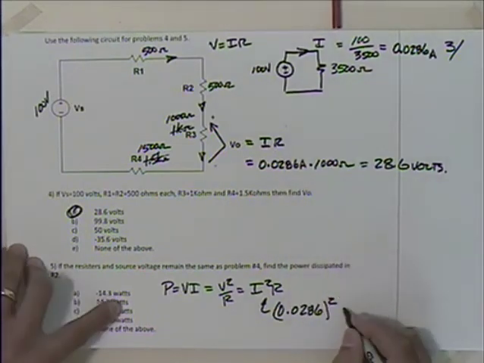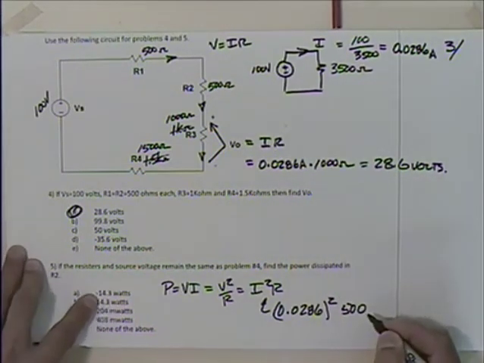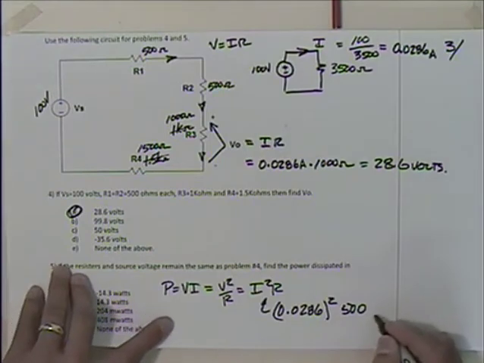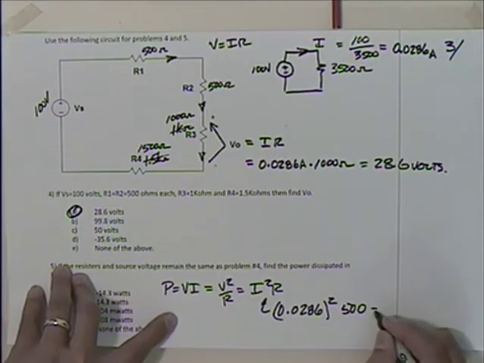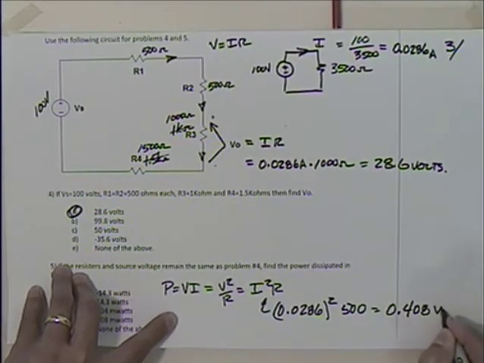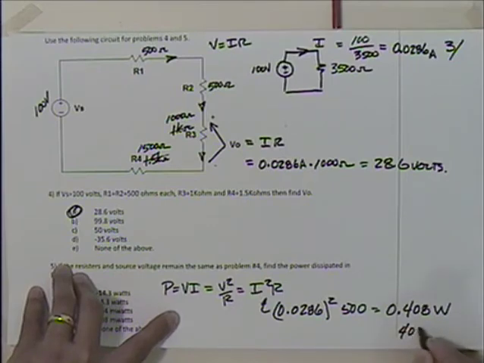It was R2. It would be 500. So when you go through that, you're going to get 0.408 watts, which would be, what, if we said milliwatts, 408 milliwatts.